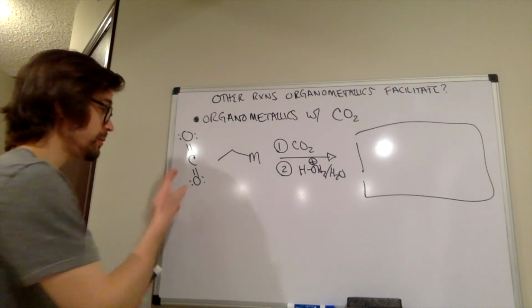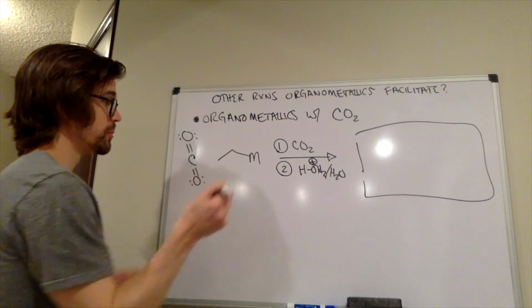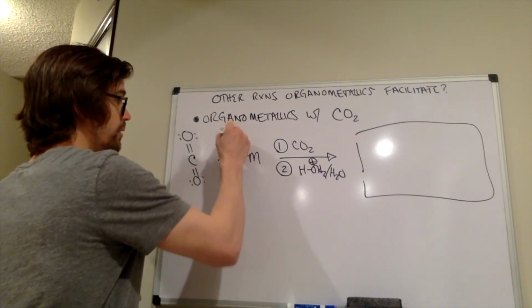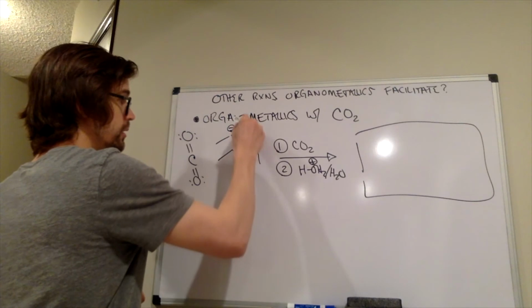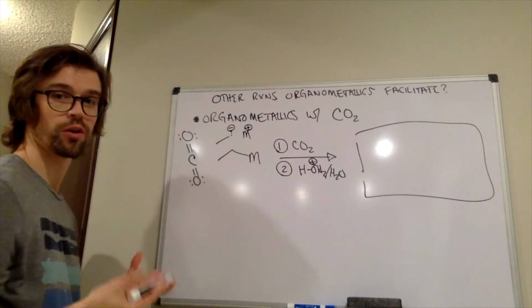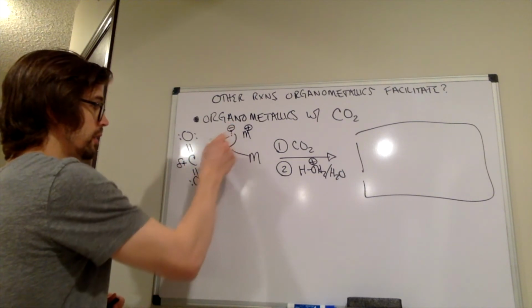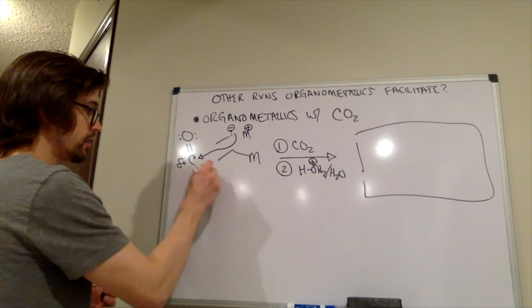So how is an organometallic going to react with this? Where's the partial positive? Where's the partial negative? We have the partial negative right there. These oxygens are more electronegative than the center carbon. That means there's a big partial positive right there. That's going to add there.